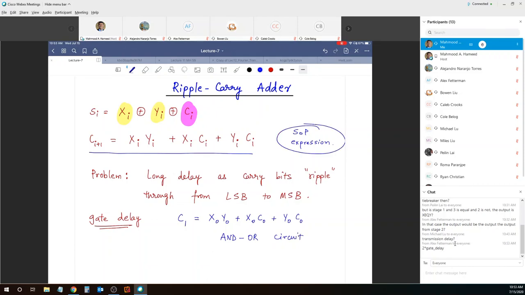So first you do AND, one AND, two AND, three AND, followed by one OR. So you have the ANDs, and then you have the OR. So there are two levels to this circuit, so there will be two gate delays for this.